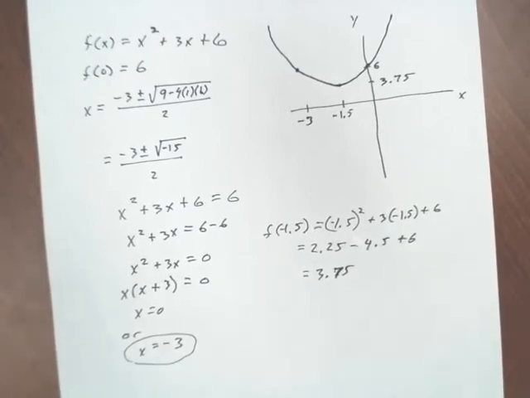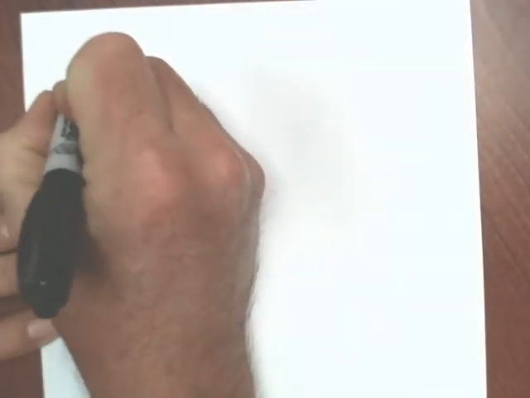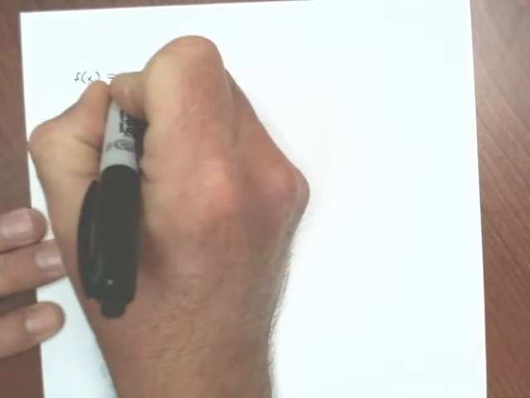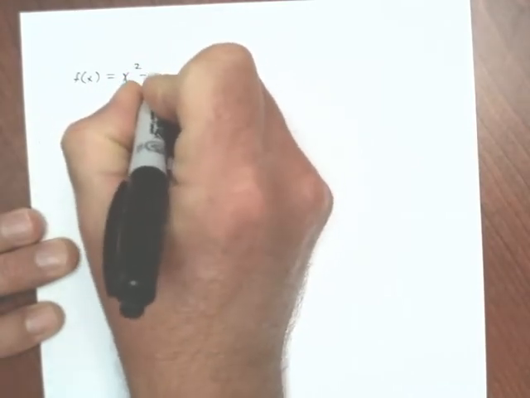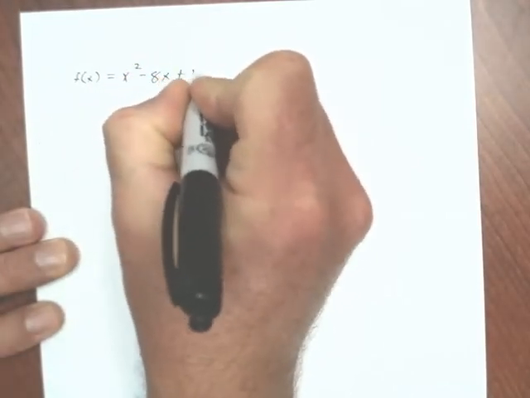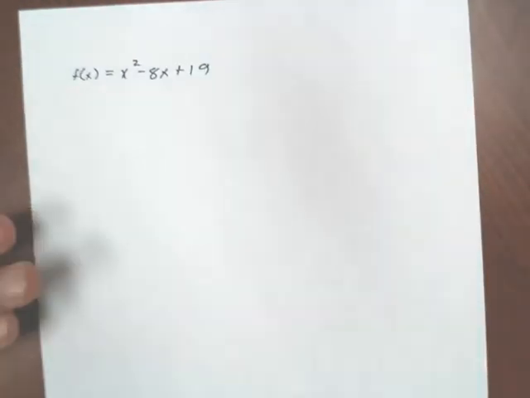Okay, let's go ahead and do one more like this. Let me get one out of my trusty book here. What if we have something like f of x equals x squared minus 8x plus 19, okay?